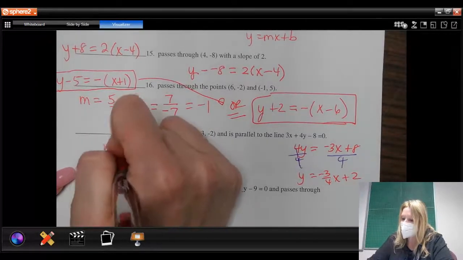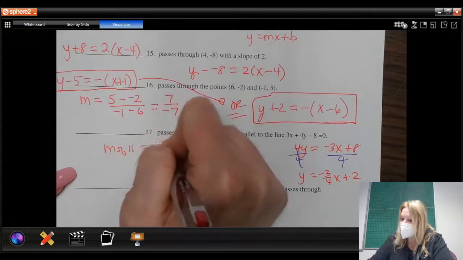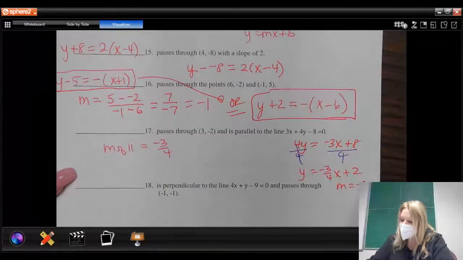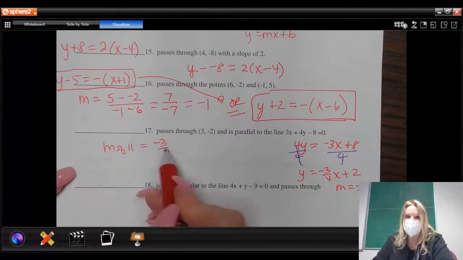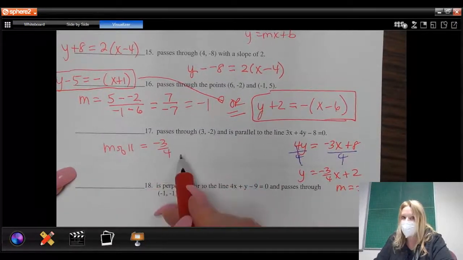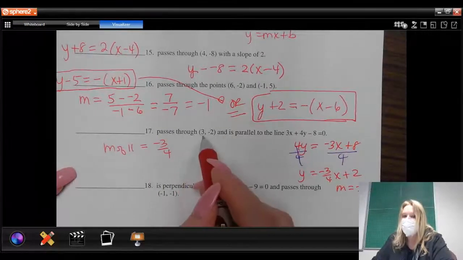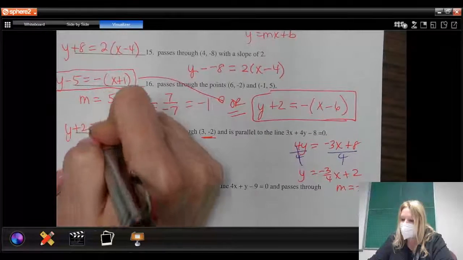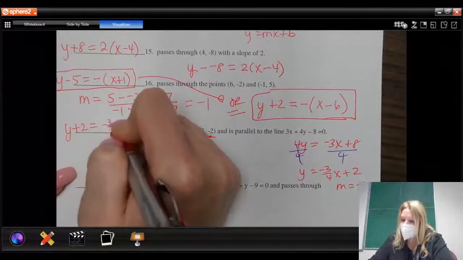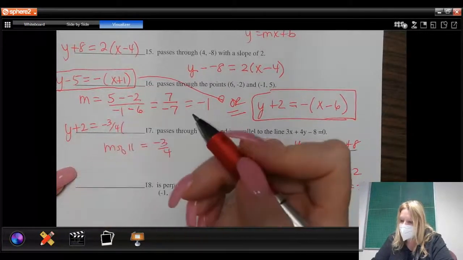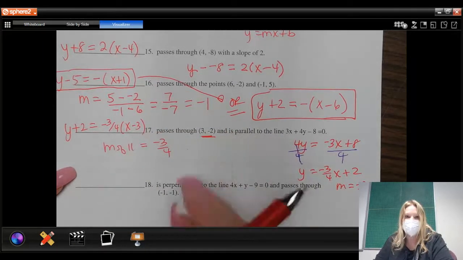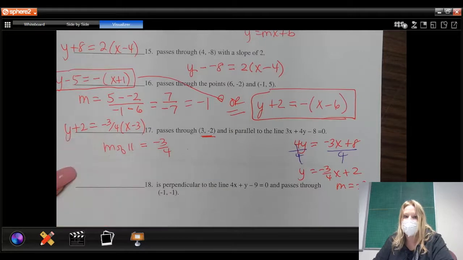So the slope of this line is negative 3/4. So the slope of the line parallel to this line would also have to be negative 3/4. And then we want it passing through this point. So I'm going to go y minus the y equals m parenthesis x minus the x. Minus negative 2 is why I'm writing plus 2.